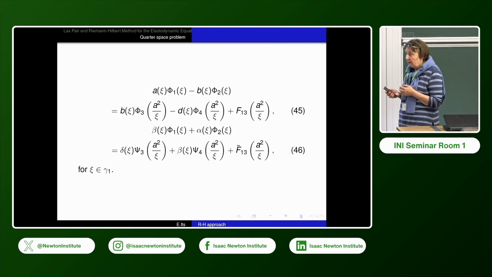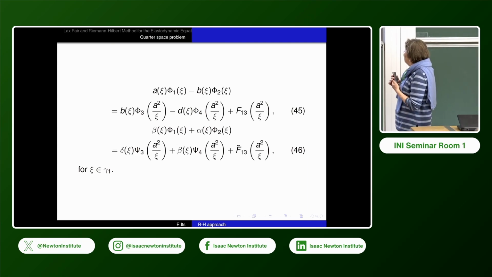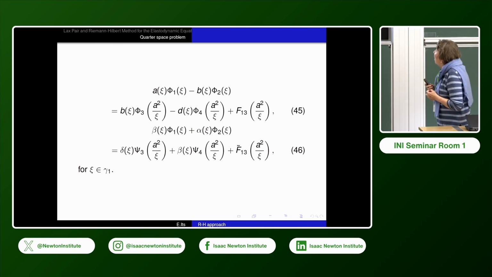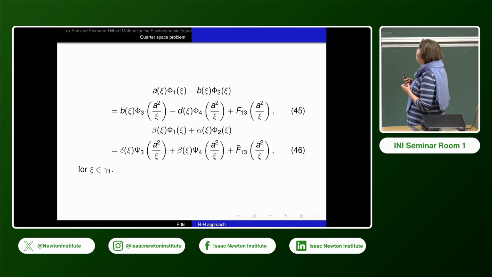And moreover, we are now writing the system of global relations, which is the system for the unknown functions phi1 and phi2, expressing them in terms of phi3, phi4, and psi3, psi4.